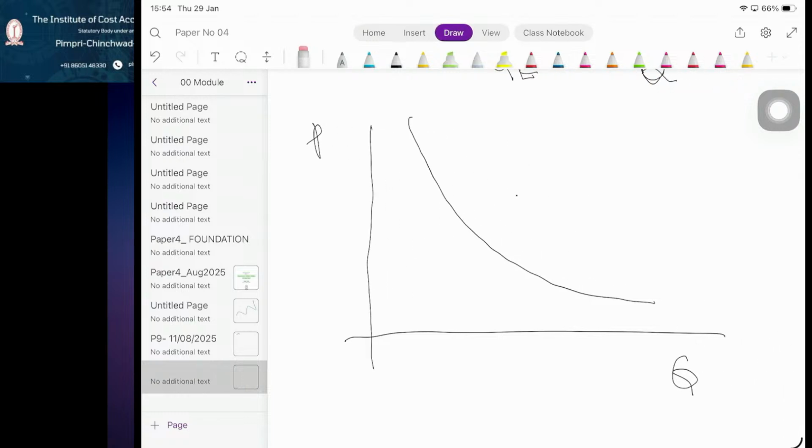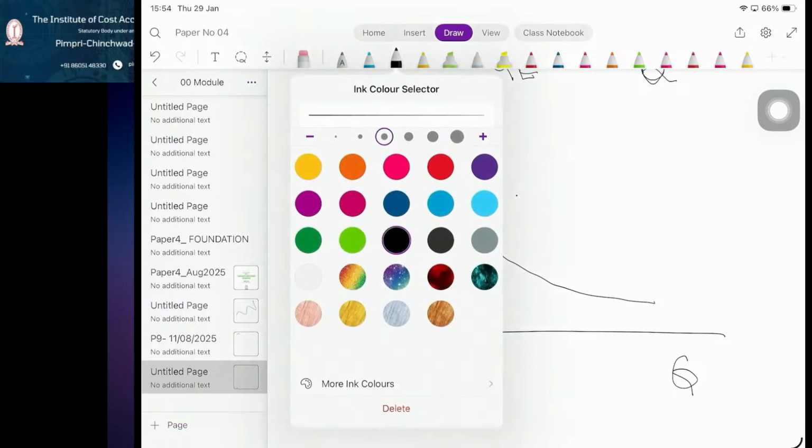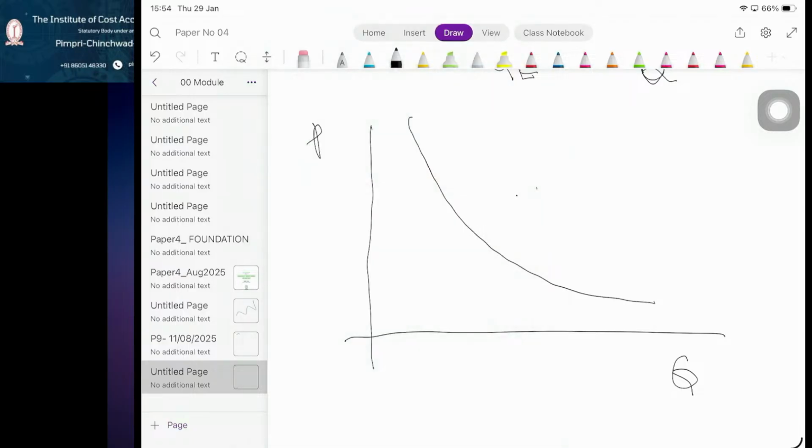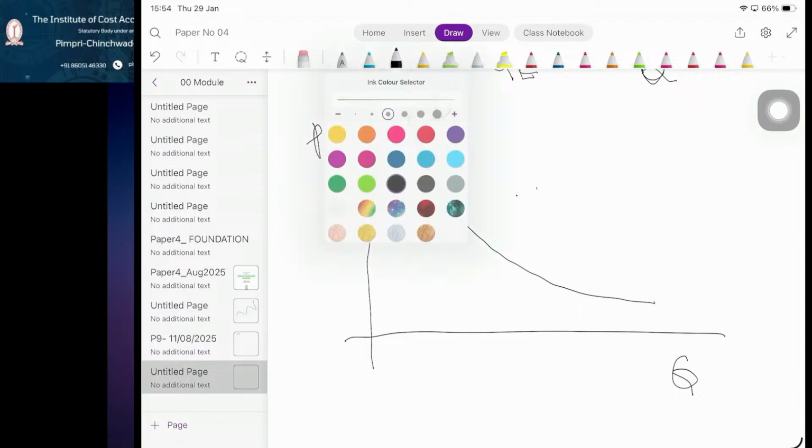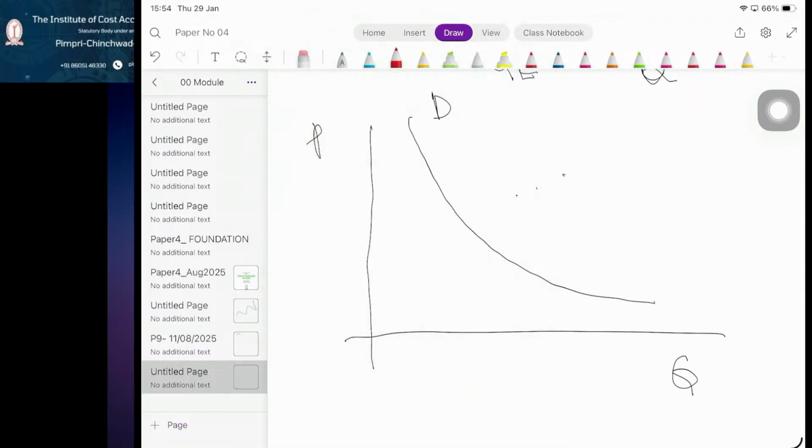This is the demand curve, and let us say this is the supply curve. What would be the equilibrium price and what would be the equilibrium quantity?